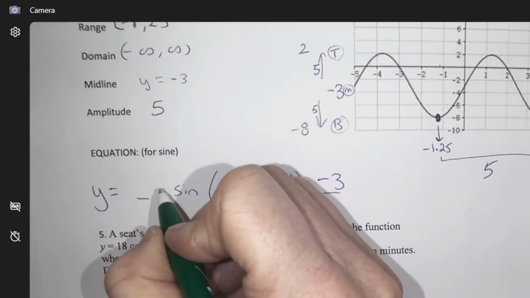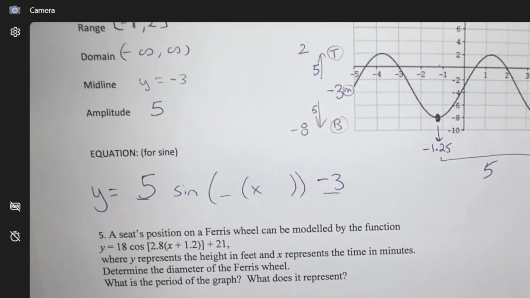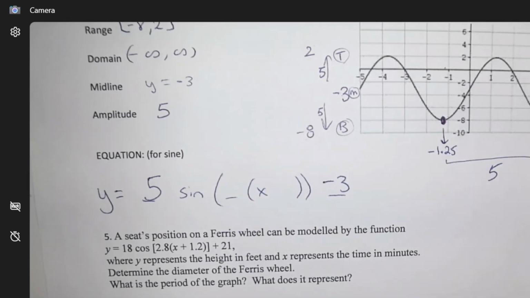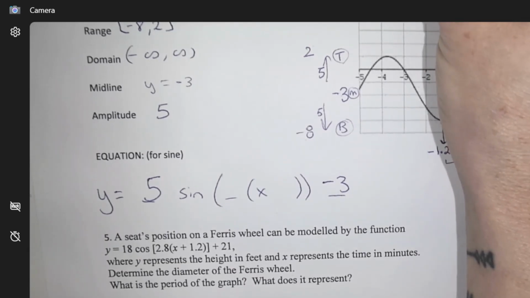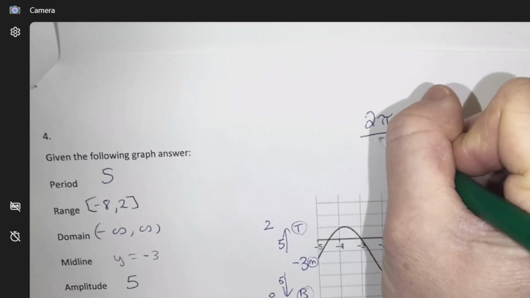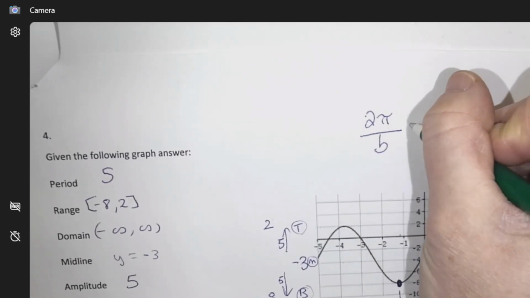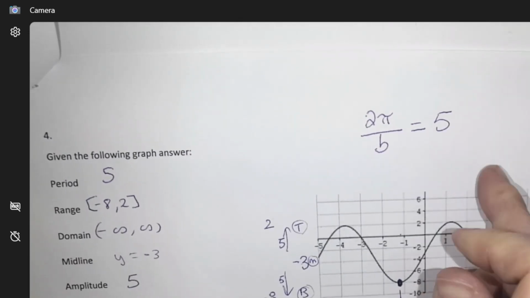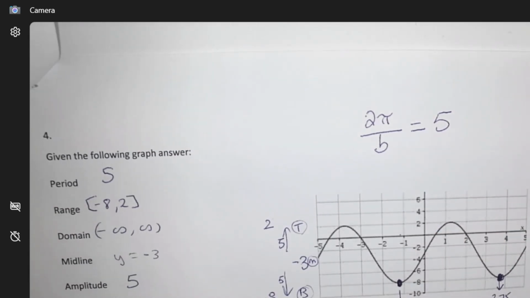And we vertically stretched by 5 amplitude. Okay, we got to do a little side work. Remember your little formula? 2 pi over the b value of the equation is the period. 2 pi over b equals period, right? I have to have that memorized.